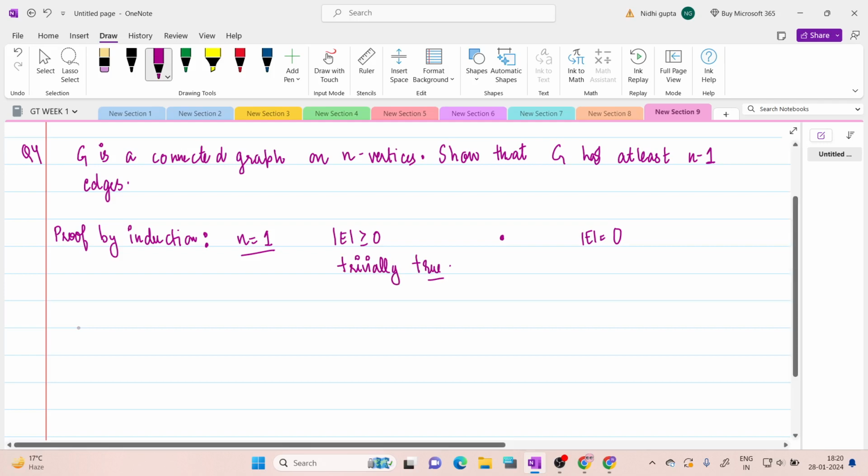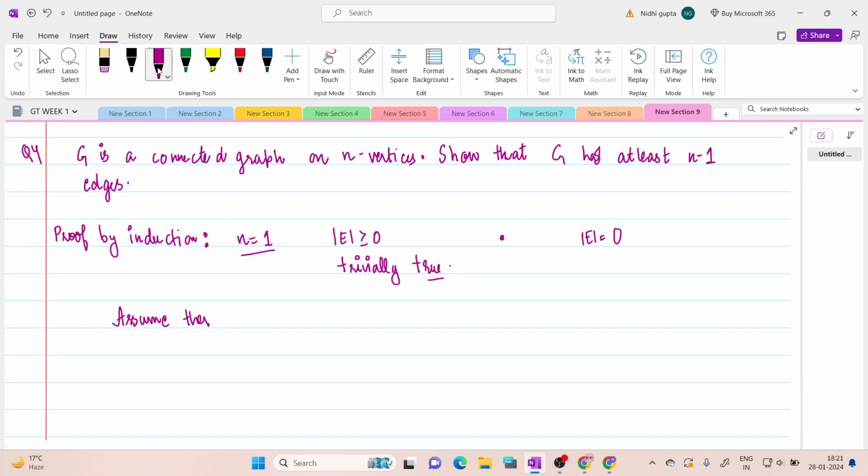Now we assume the result for k vertices when k is less than n, and now we'll show it for k equal to n.